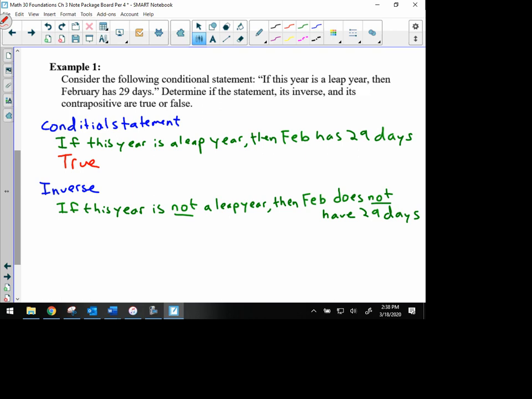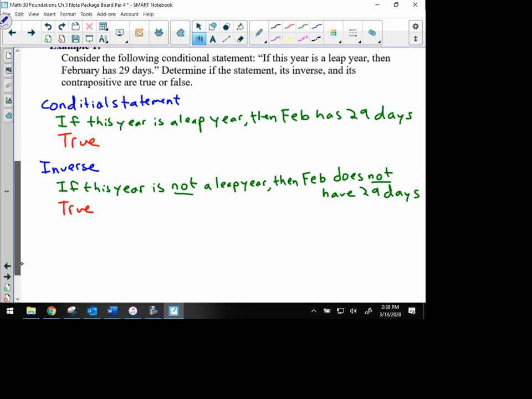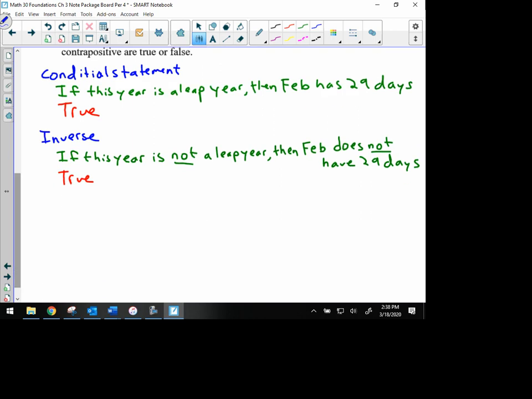And that would be the case, again, because the leap year and the 29 days of February are closely connected. So if it's not a leap year, then February does not have 29 days. So this is also true. And then the last one, in this question anyway, is the contrapositive.